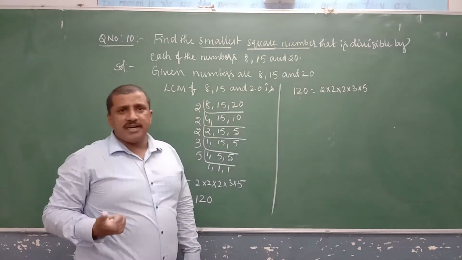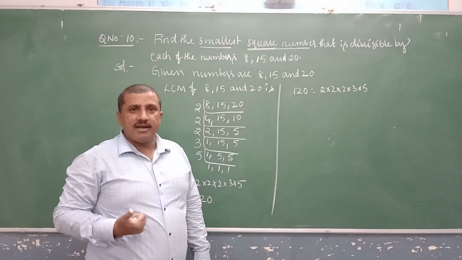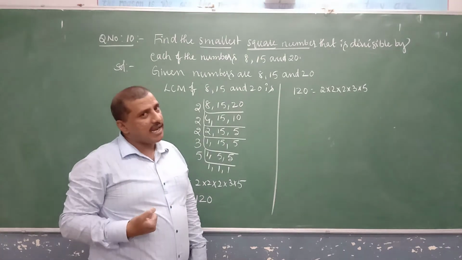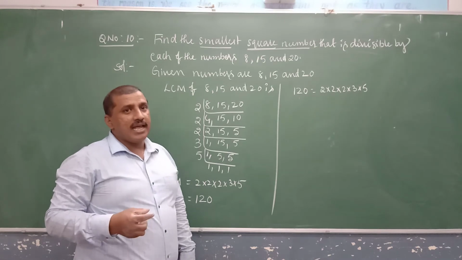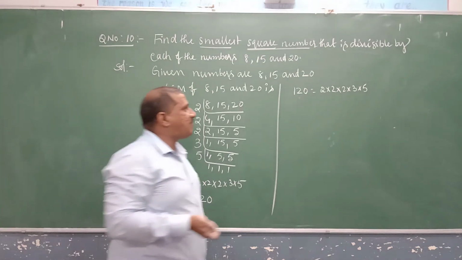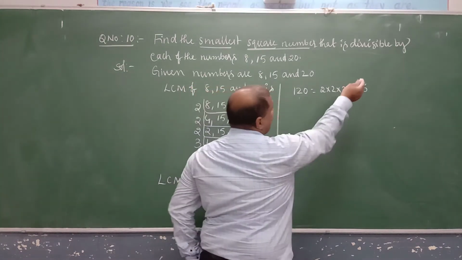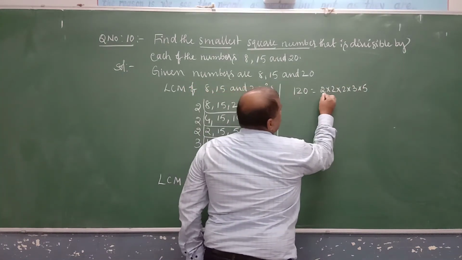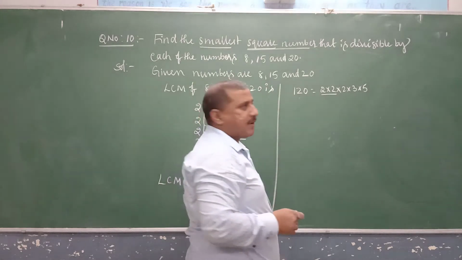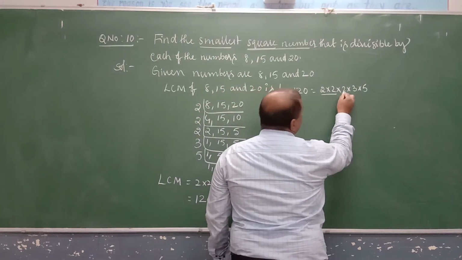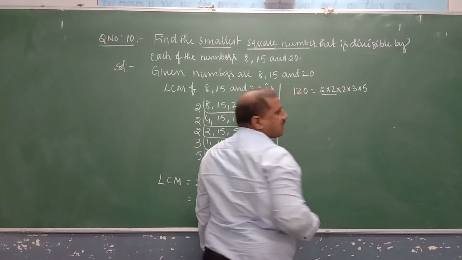What is a square number? Square number is a number which is obtained by multiplying a number by itself. Means a number is multiplied by itself. The products are known as square numbers. Now, see 120. 2 into 2 is one pair of prime factors, then 2 is not paired, 3 is not paired, and 5 is not paired.